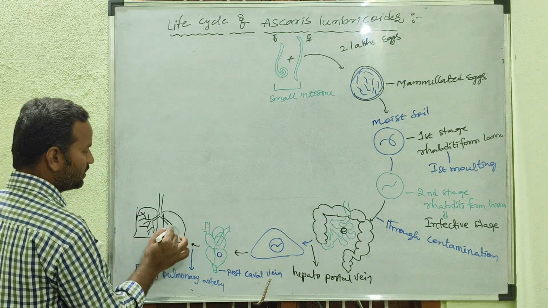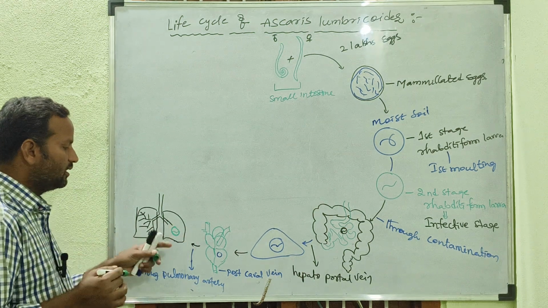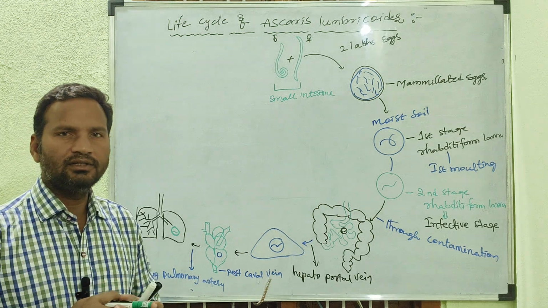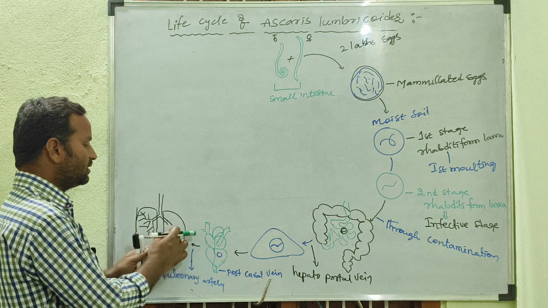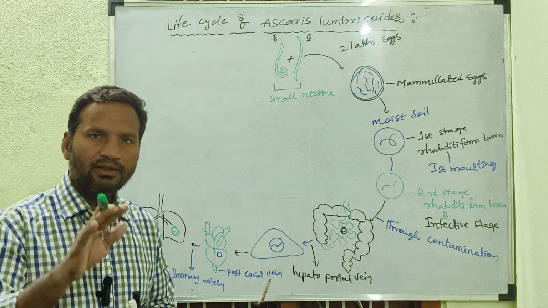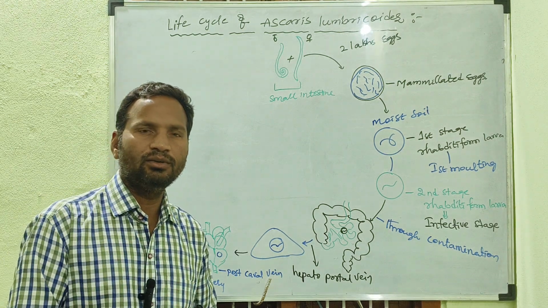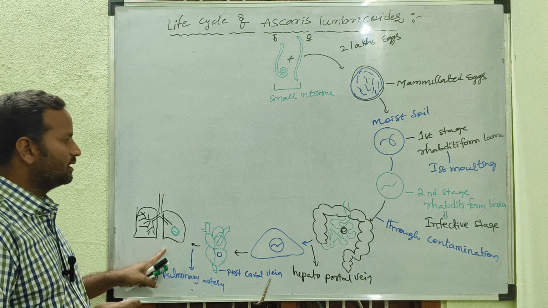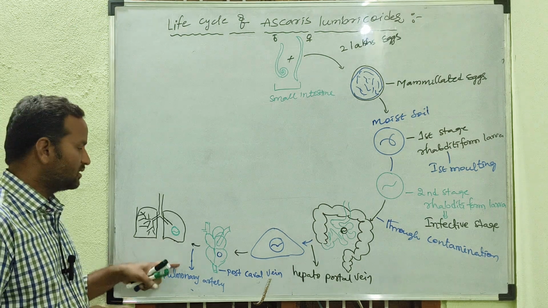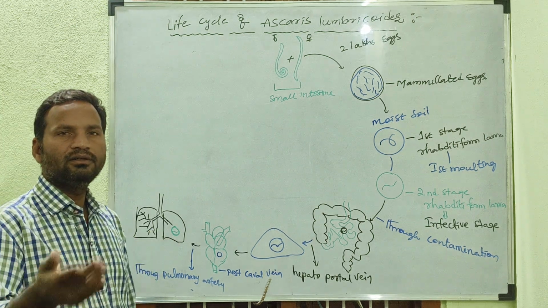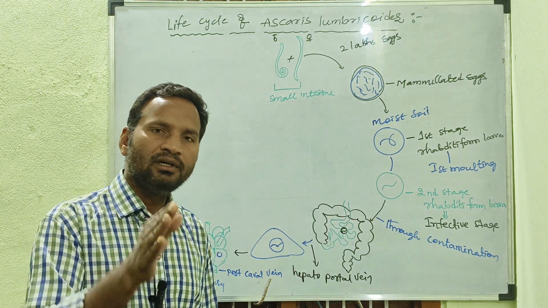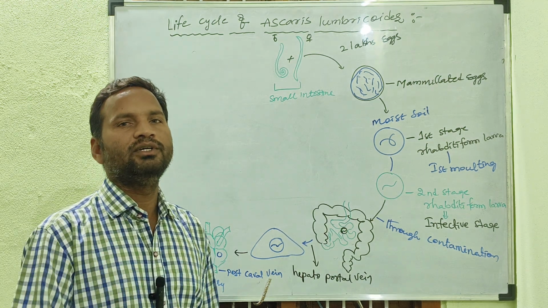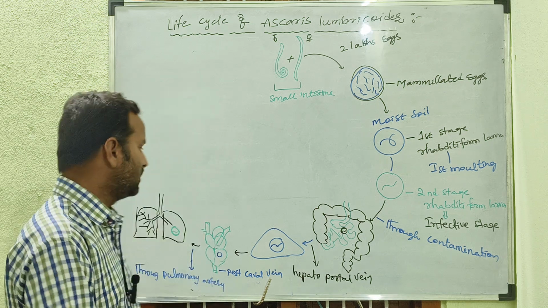Now see, in the lungs is the second stage rhabditiform larva. When it reaches the lungs, it undergoes the second molting, producing the third stage larva. Again, the third stage larva undergoes the third molting and produces the fourth stage larva.